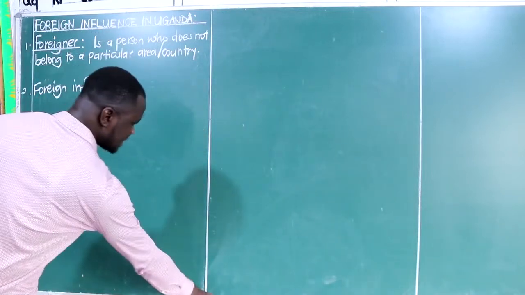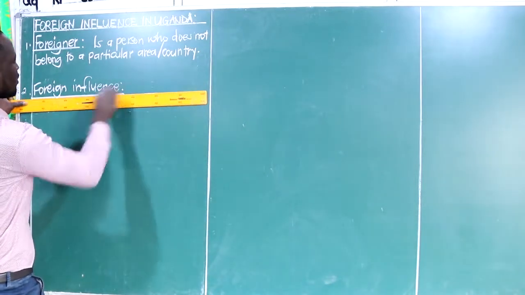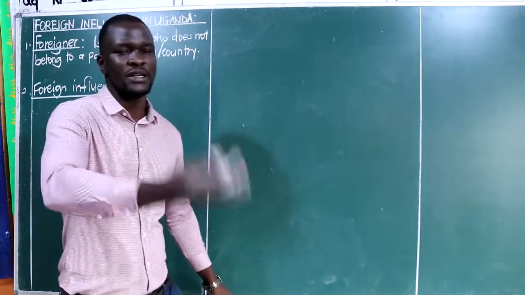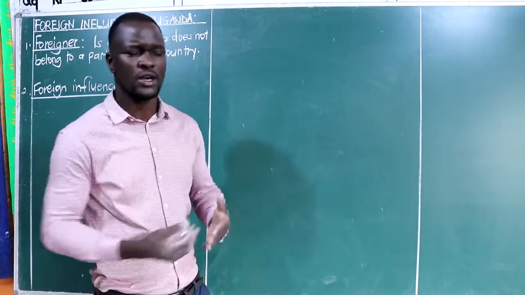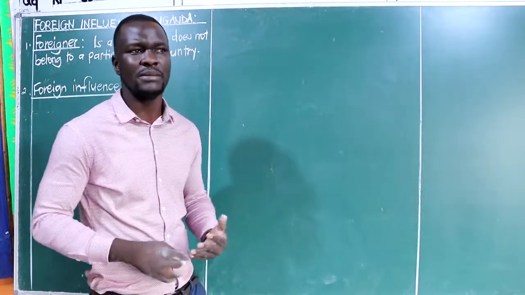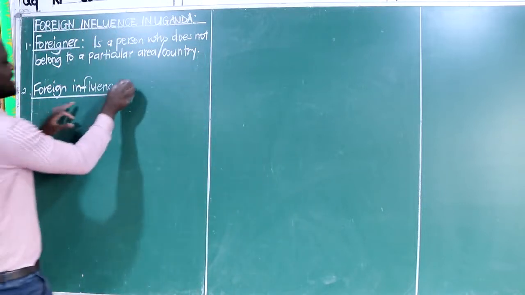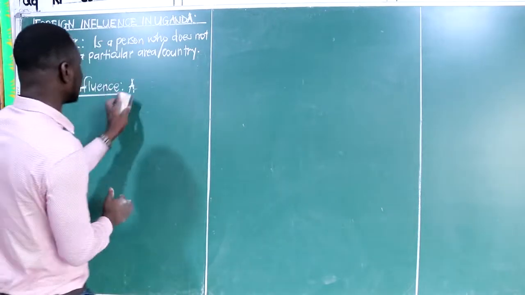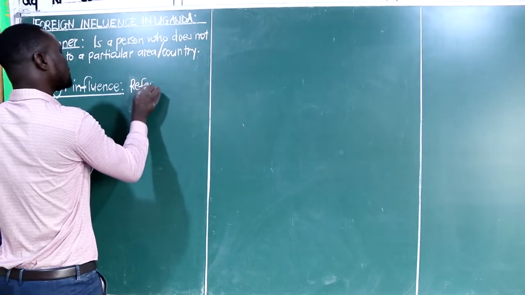And then the second term, before we go back to look at those people, is foreign influence. To influence means to affect, to change, to make someone do what the person maybe did not have in mind. So here, we are now looking at changes.